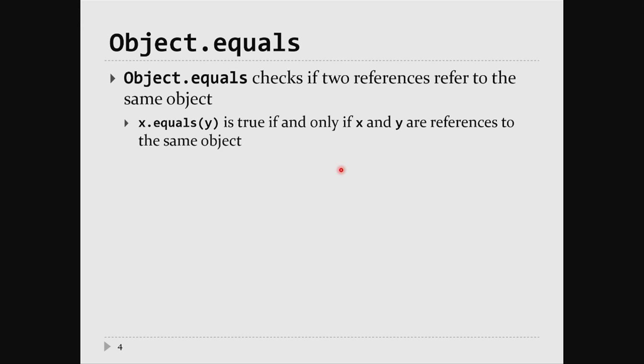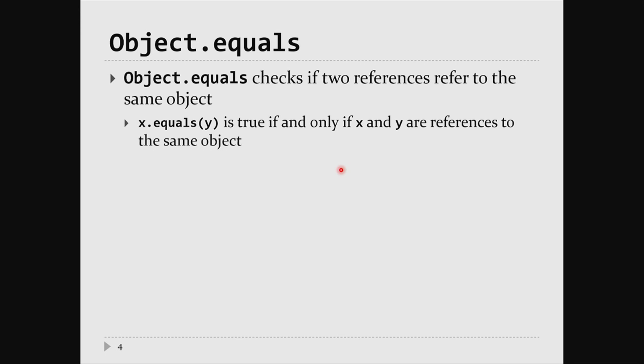When you use the == operator with references, you're asking, are they the same object? Be careful about doing that, because normally that's not what you want to do. Especially don't do that with strings, because that's almost certainly not what you want to do.